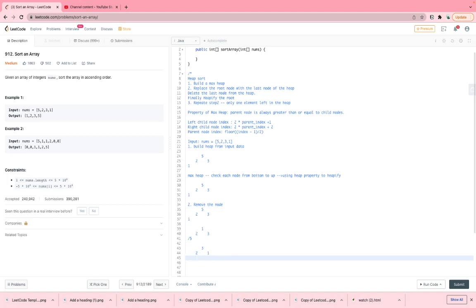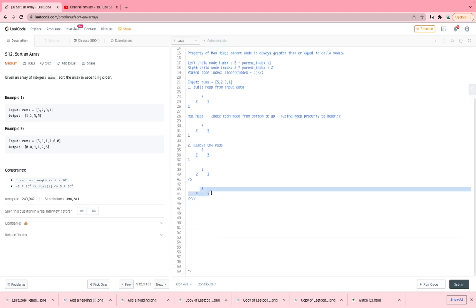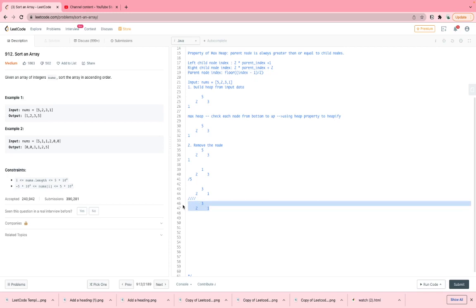Then we do it again. We swap 3 and 1 first. Then we swap the root with the last element, and then we delete the last element.